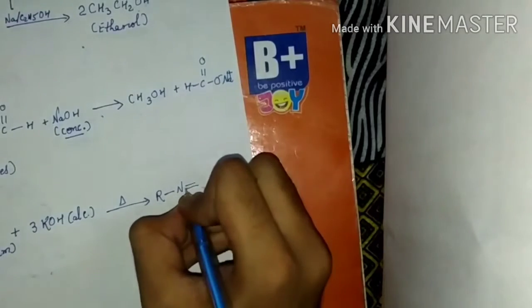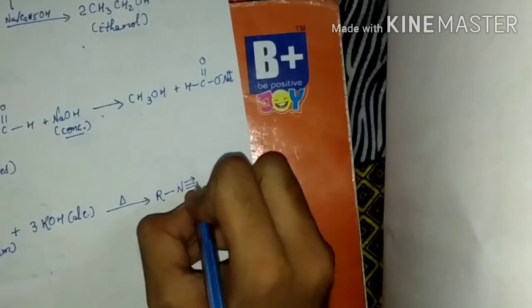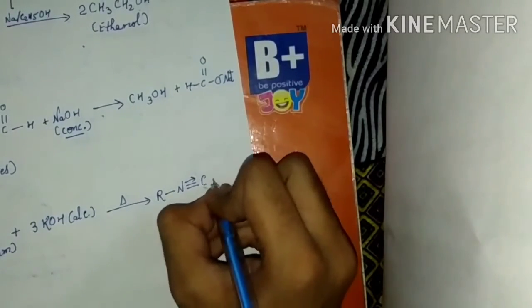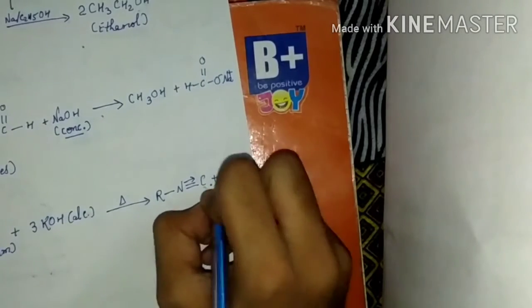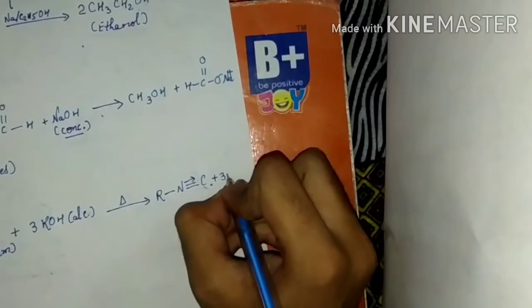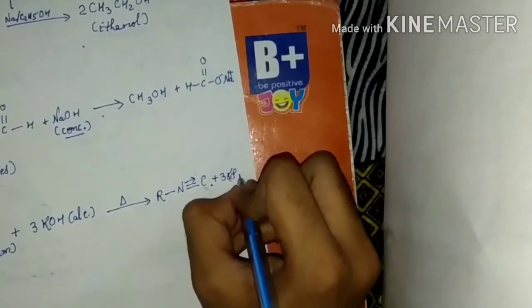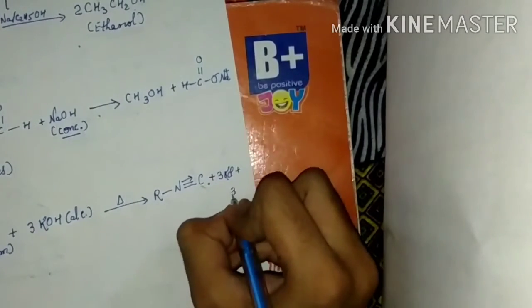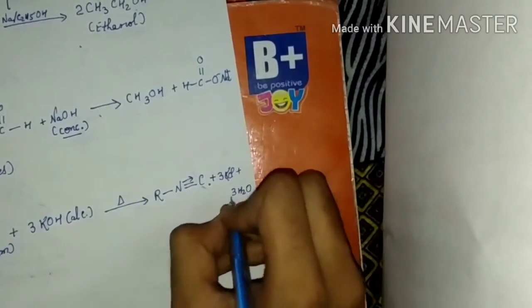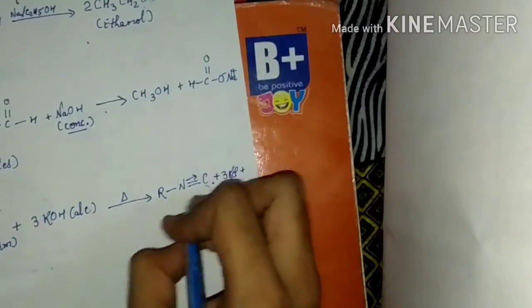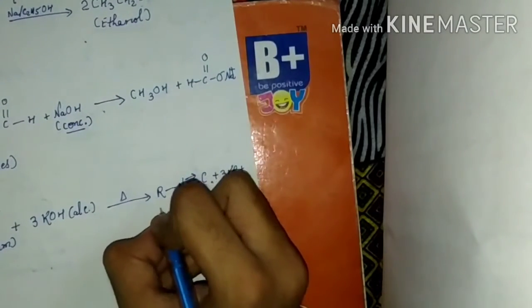If you have studied chemistry with concentration, you might know what an isocyanide is. Plus 3 KCl plus 3 molecules of H2O. And isocyanide.